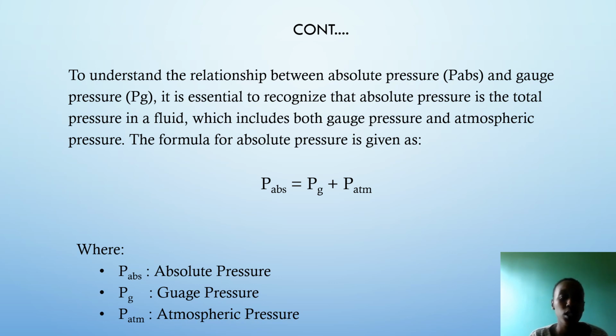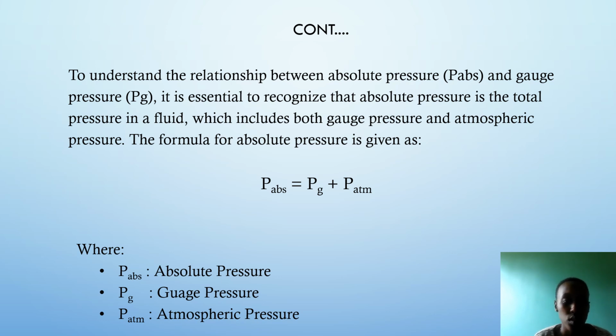To understand the relationship between absolute pressure and gauge pressure, it is essential to recognize that absolute pressure is the total pressure in the field, which includes both gauge pressure and atmospheric pressure. The formula of absolute pressure is given as absolute pressure equals gauge pressure plus atmospheric pressure.